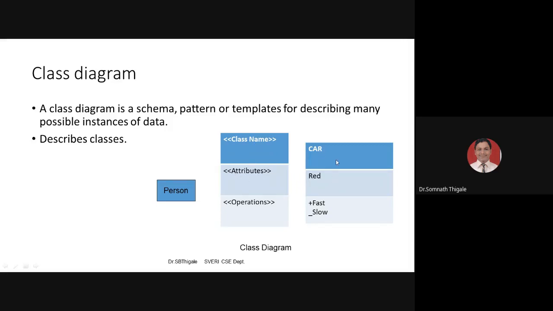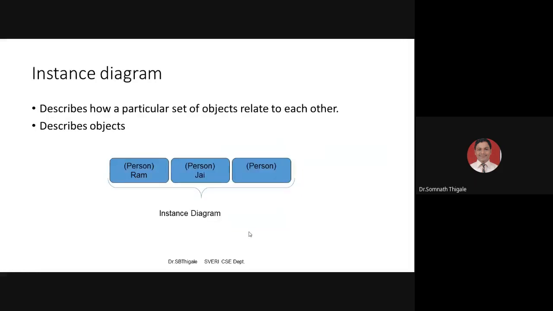So class car has a color specification. Then operations: how your car acts and reacts. We call it operations, or sometimes behavior. In technical language, these are the methods that the class is going to work with.